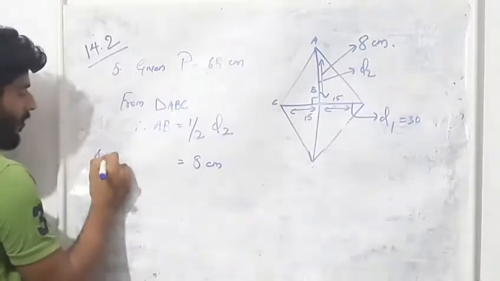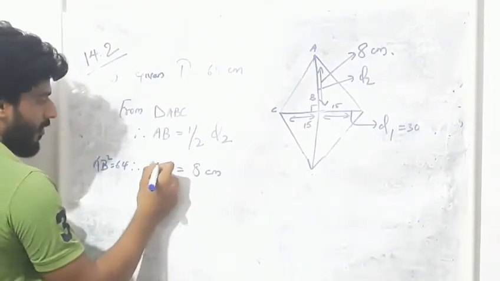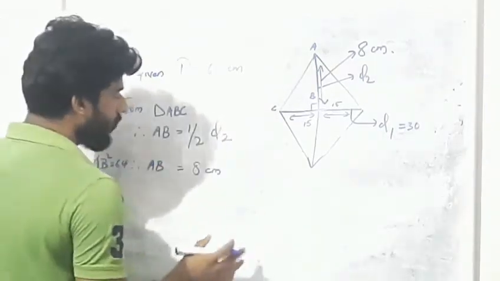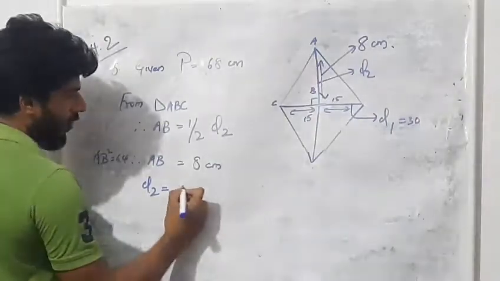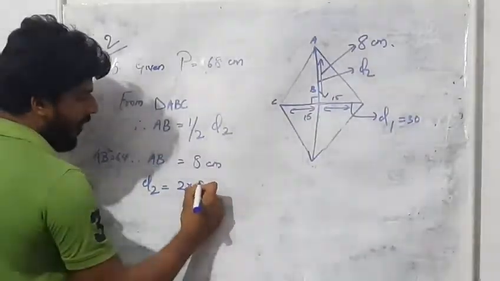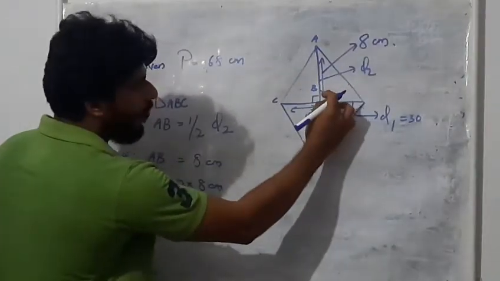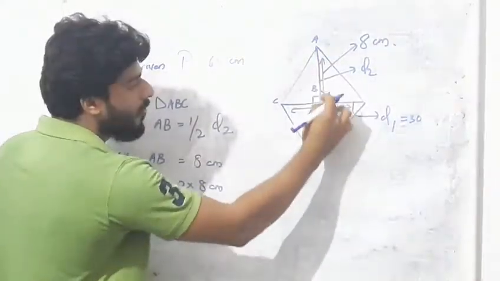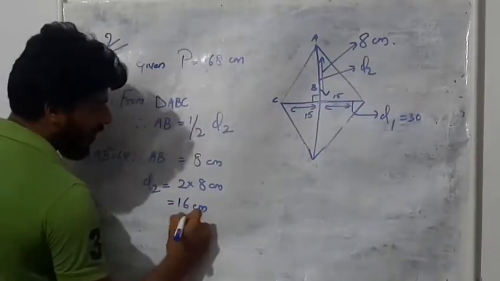AB square was 64, and hence AB is 8 centimeter. Now to get D2, D2 will be 2 into 8 centimeter. Why 2 into 8? Because our AB was half of D2. So full D2 will be 2 into 8 centimeter, that is 16 centimeter.